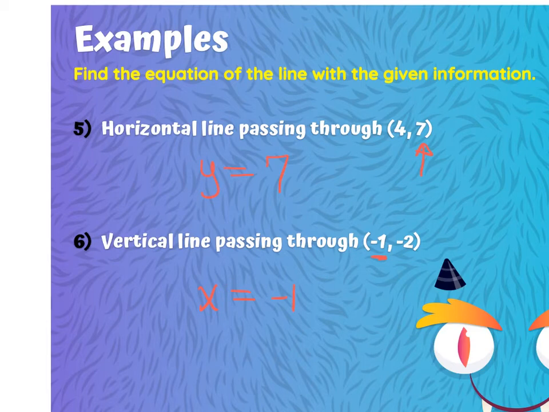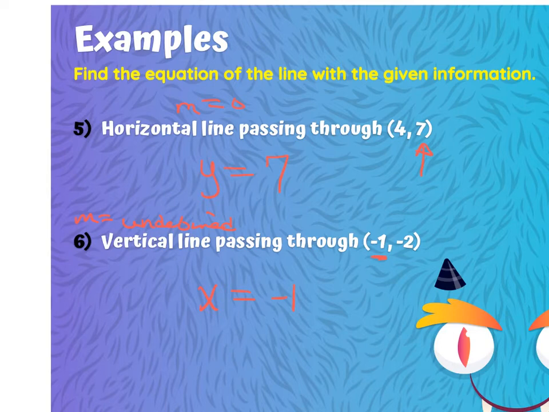Remember, a vertical line has an undefined slope. Horizontal has a slope of 0. Now, you could go through the whole process if you realize that the slope here is going to be 0, and then over here it's undefined, but it's easier to memorize that whenever it's a horizontal line, it's y equals, and you just take the y of the ordered pair.